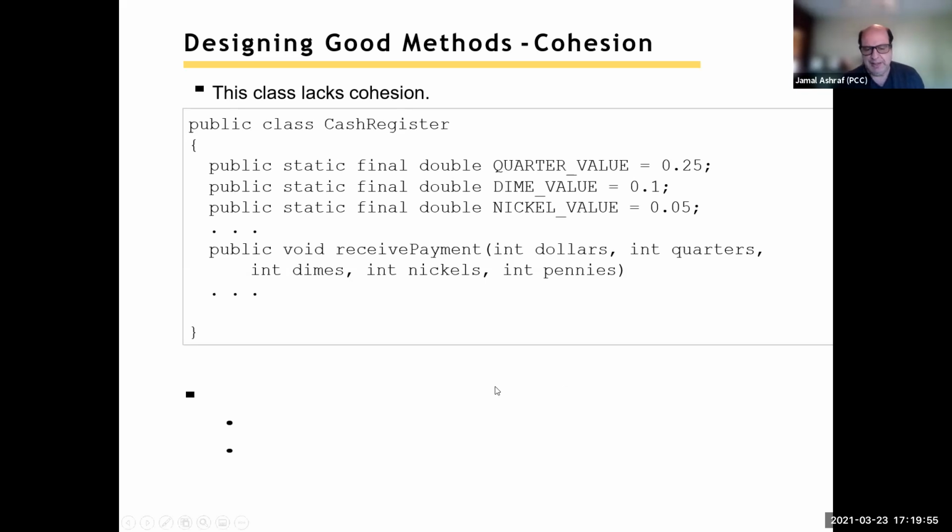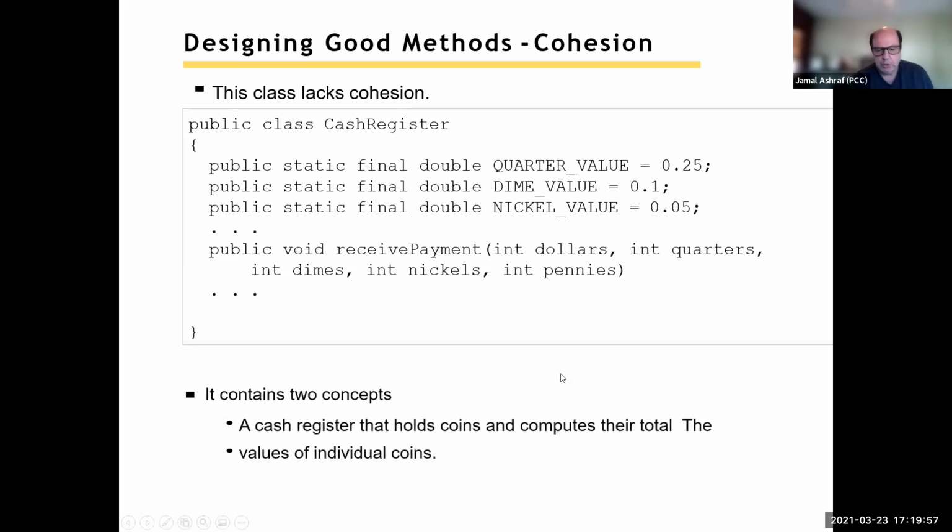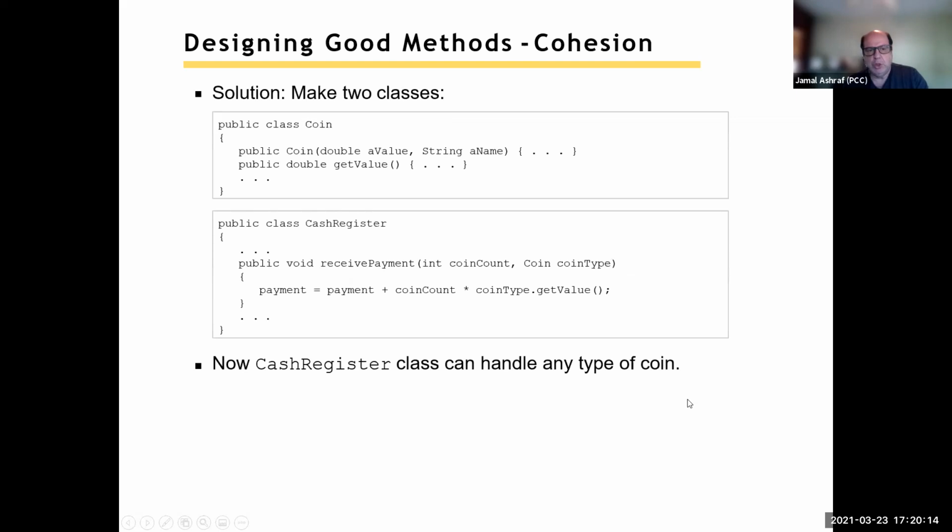They are not the same thing. So we have a cash register that's going to hold coins and compute the total, but the value of individual coins is a separate concept. So we have two concepts.